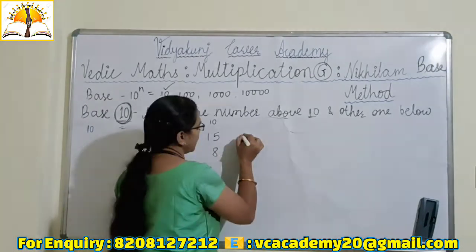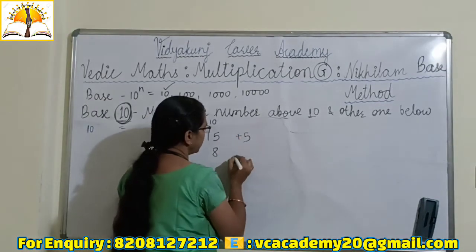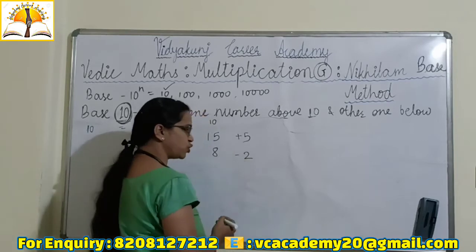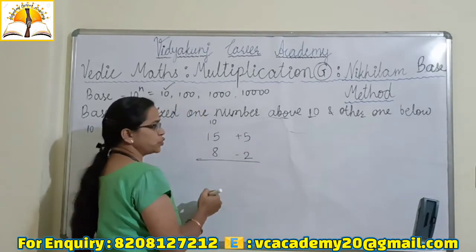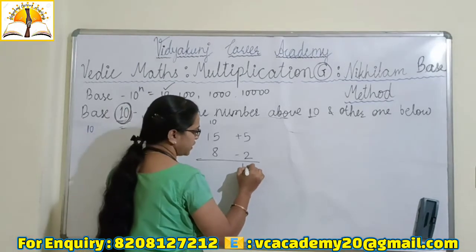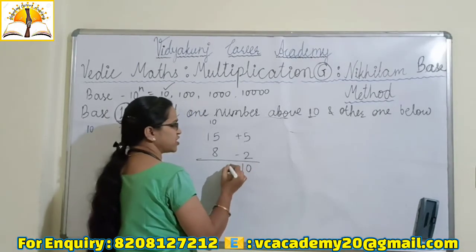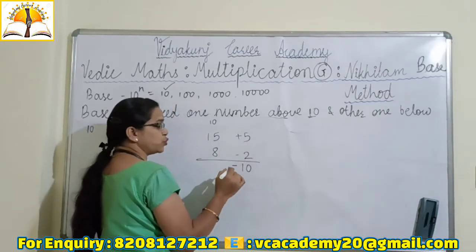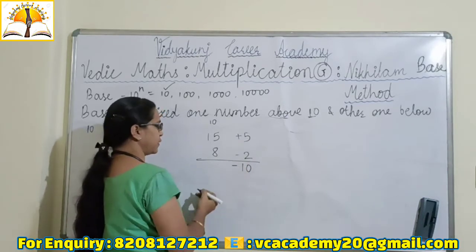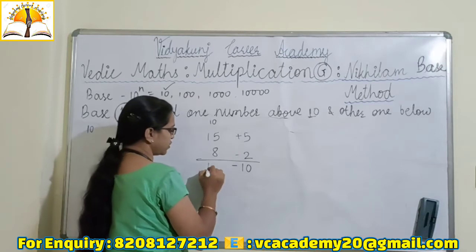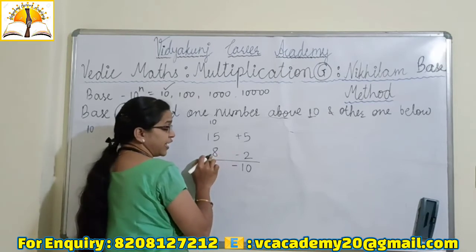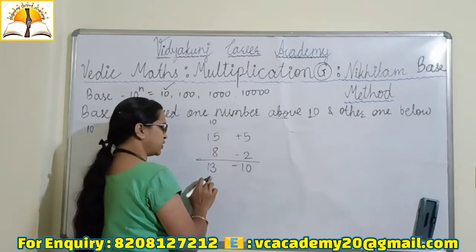If our base is 10, then I have to write 5 here and 2 here. Our method, 5 into 2 will be 10. Which 10? Minus 10, plus 5 into minus 2 is equal to minus 10. Then 15 minus 2, 13. 8 plus 5 also 13.